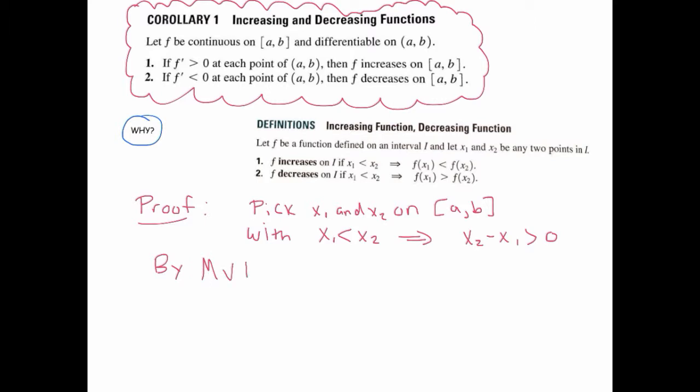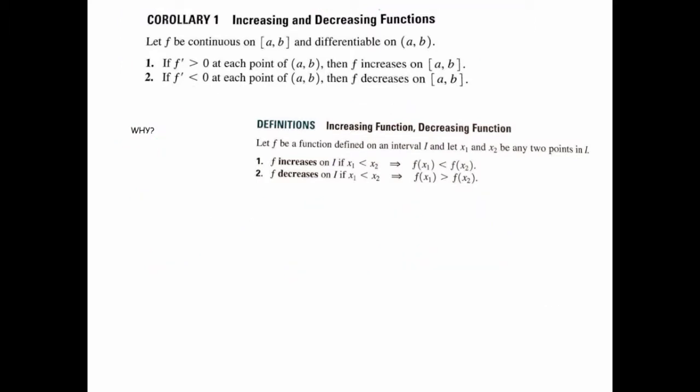By the mean value theorem, we know f prime of c equals the average rate of change over that interval x1 to x2 that I just introduced, for some c on the interval x1 to x2. All right, so that's where the mean value theorem comes into play.